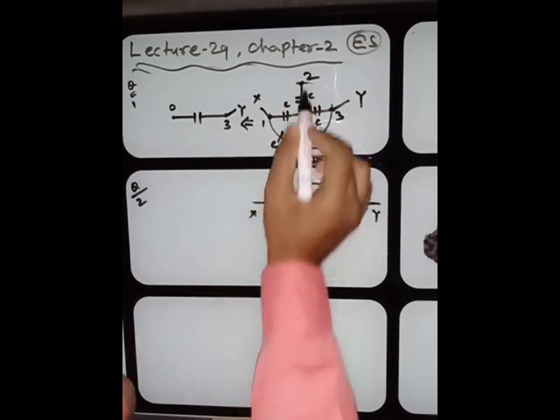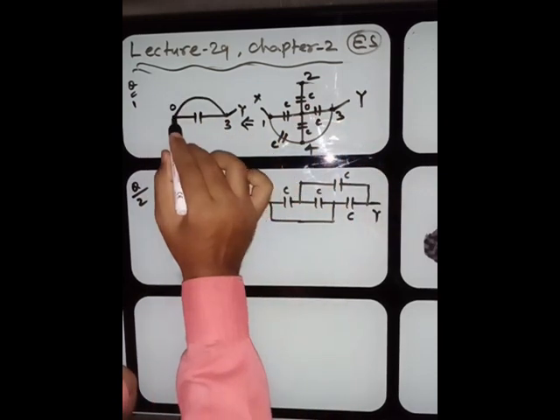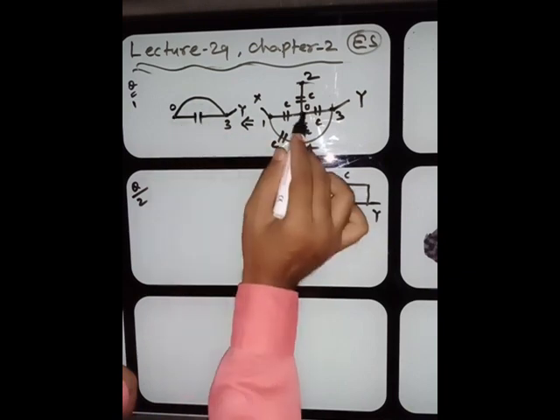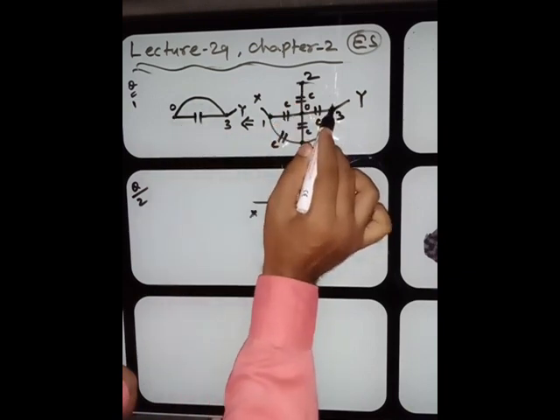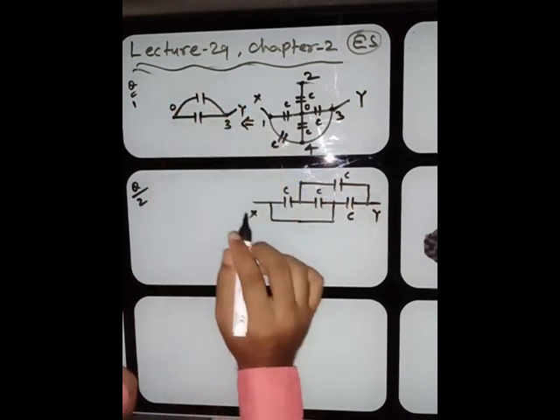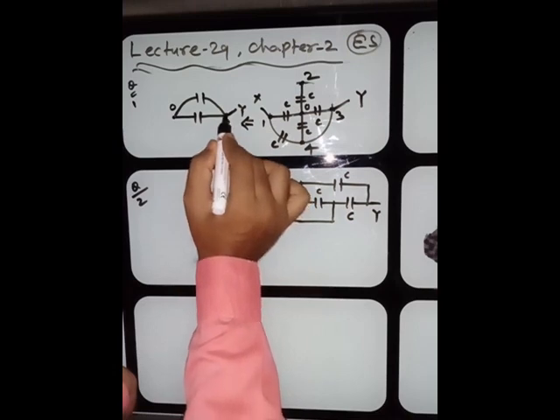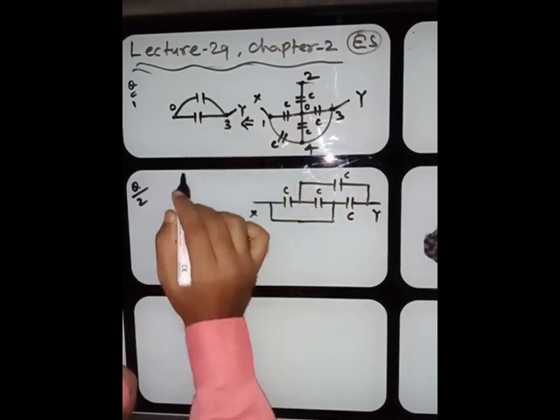Now this point 2 has to go to point 3, but between O and 2 there is one capacitor, so connect a capacitor. Now point 2 has gone to point 3.